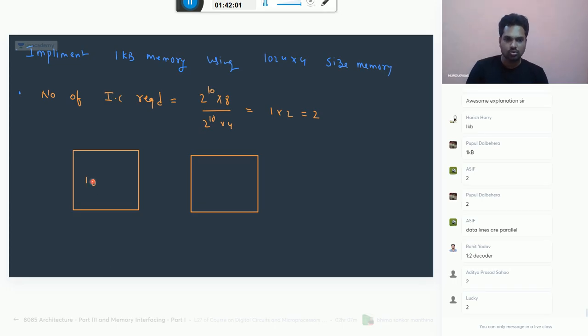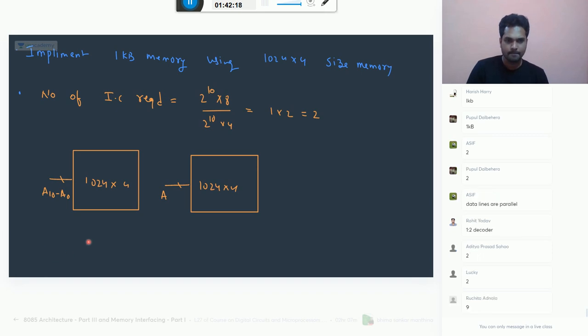You have this 1024 into 4, and this is also 1024 into 4. Here you have the address bus A9 to A0, and here also A9 to A0.